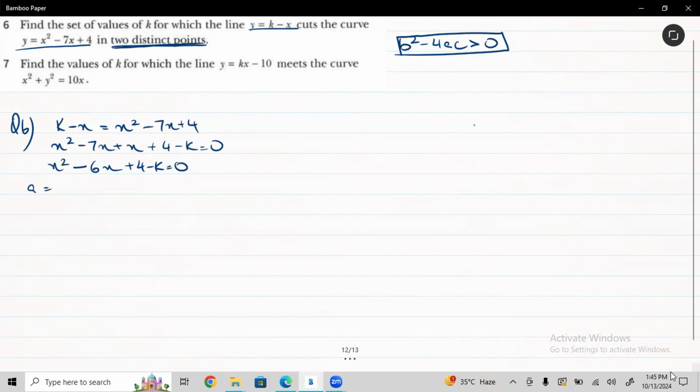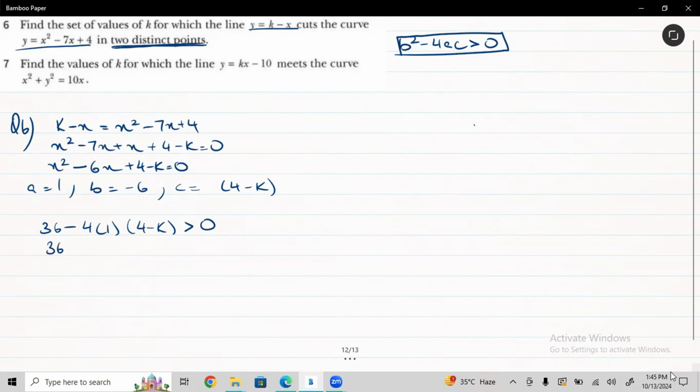Again, what would be the coefficient of x squared? 1. The coefficient of x is negative 6, and c is 4 minus k as a whole, because the constant is not a coefficient of anything itself. It's independent. So b squared would be 36 minus 4 multiplied by a multiplied by 4 minus k, and this is going to be greater than 0.